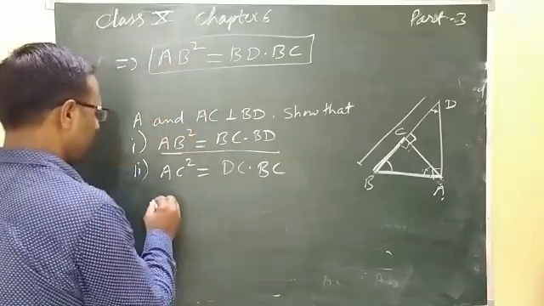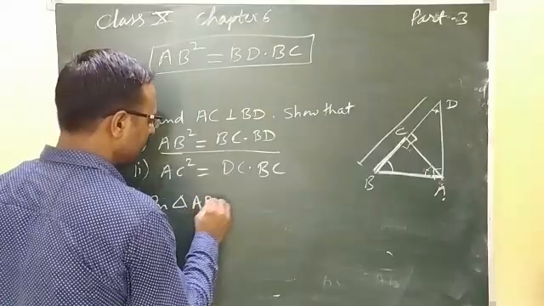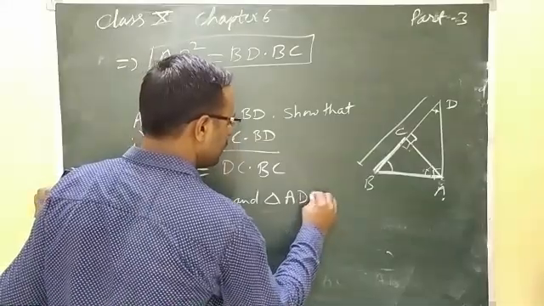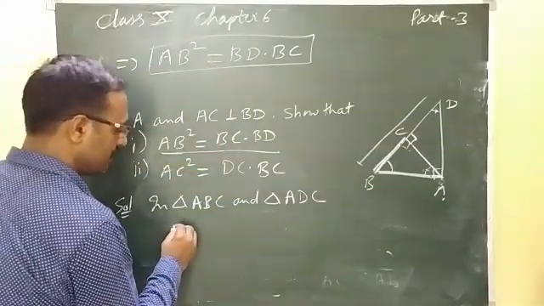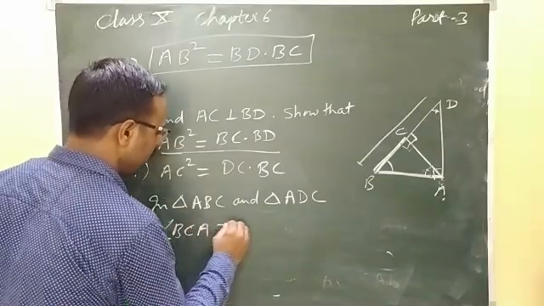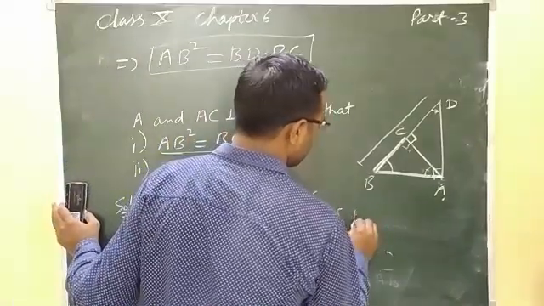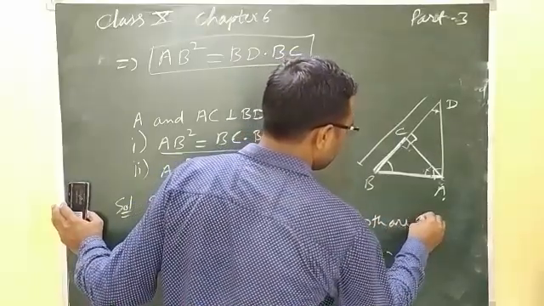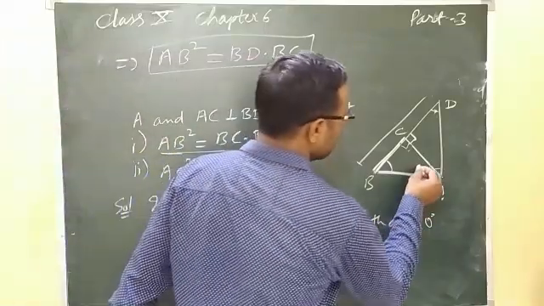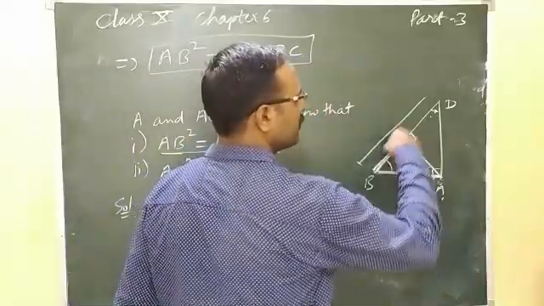How? In triangle ABC and triangle ADC, angle C, that is BCA, equal to angle ACD, as both are 90 degrees. Now what is the second angle which was equal? You can see that this angle was equal to this angle when we proved this triangle similar to the bigger triangle.